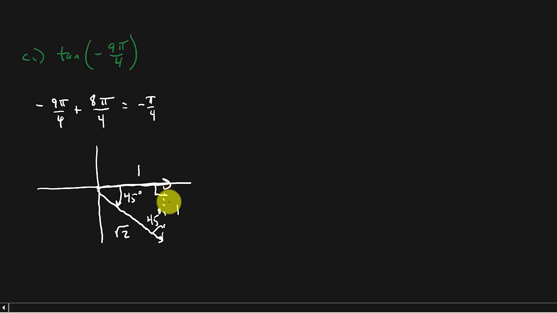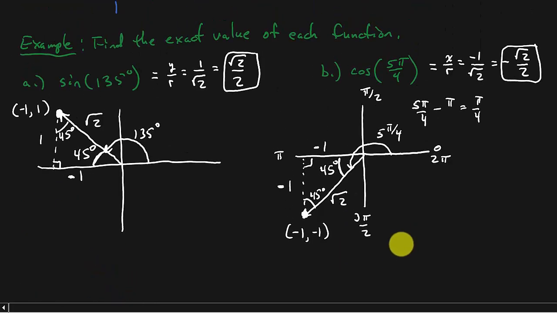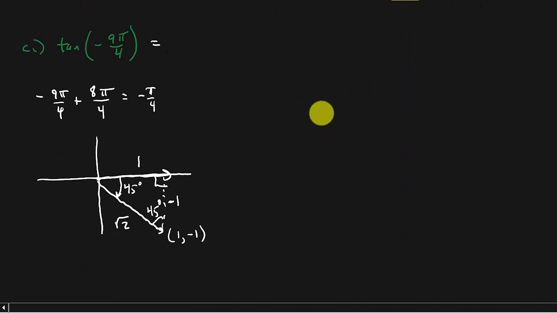That's positive 1, but I'm coming down, so that's negative. So this would be the point 1, negative 1. Tangent is y over x, so y is negative 1, x is positive 1, and that would give me negative 1 as an answer.